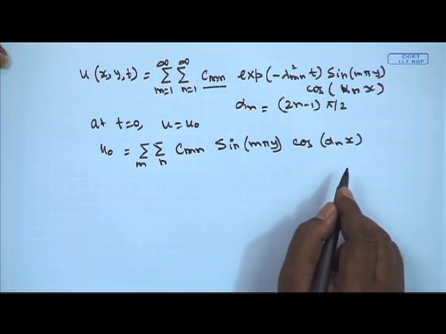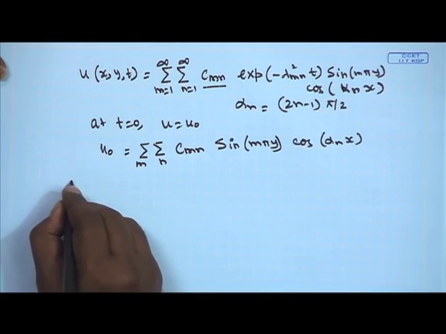So, we will be utilizing the orthogonal property of the eigenfunction. We will be multiplying both sides by cosine alpha_m x and sin n pi y, and integrate over the domain of x and domain of y.